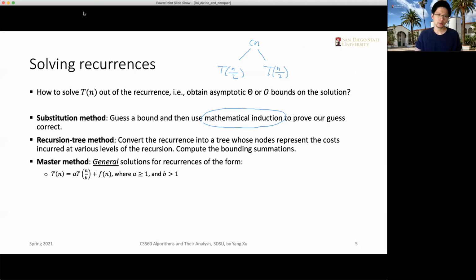Whenever we have an algorithm whose running time can be described in the form a times T of n over b plus some function, we can apply the master theorem to directly get the solution. There's no need to draw the tree or to use substitution to get the proof.